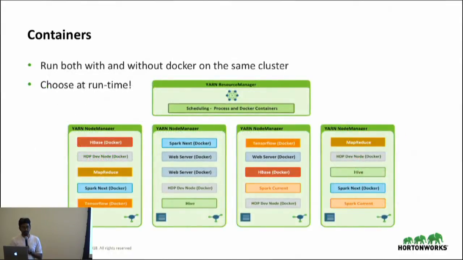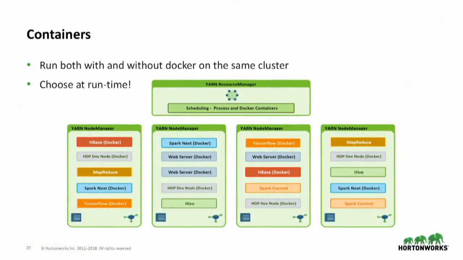So using this feature, you can run applications with Docker and without Docker on the same cluster. There are a bunch of security-related caveats. The open source documentation talks about some of them. But with those caveats, you can run a Spark application on YARN along with a TensorFlow application or an HBase application which is containerized and Dockerized.